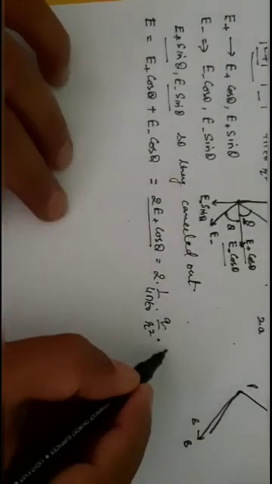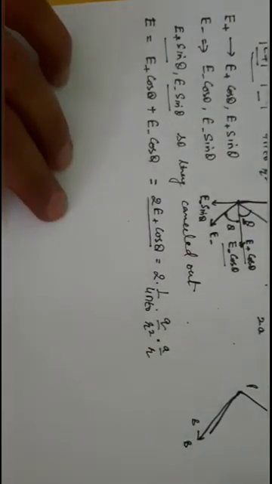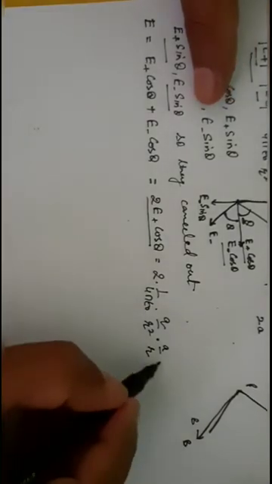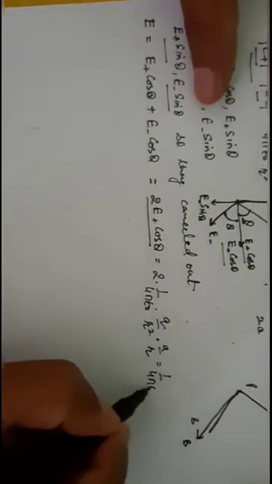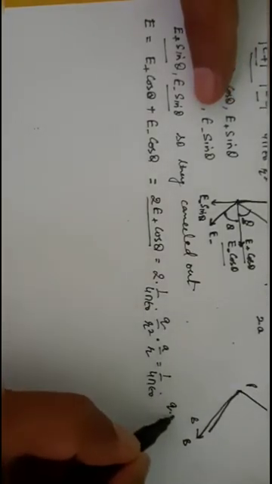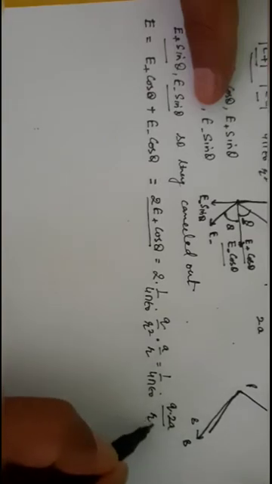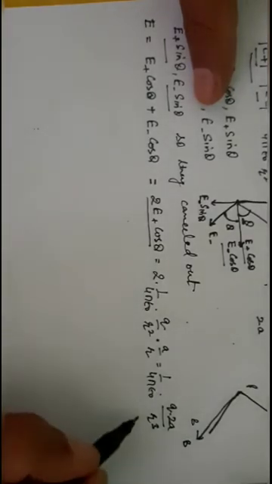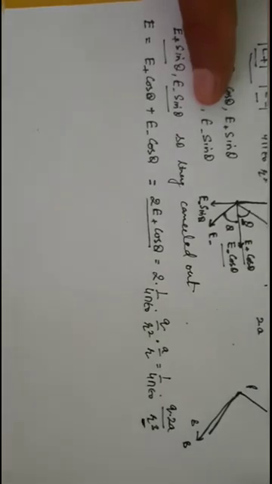So what we get? A by r. Now we put the values and solve it. So it becomes 1 upon 4 pi epsilon naught q into 2a upon r cube. Now we put the value of this r and write this electric field in terms of dipole moment.